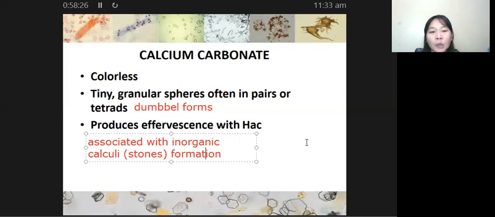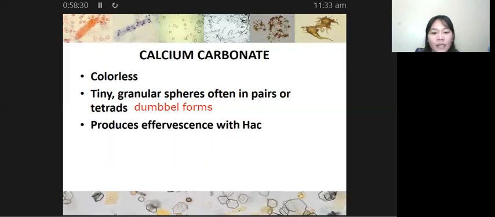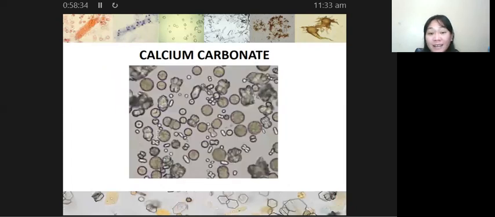Ayan, so ano yung itsura niya under the microscope? Ganito class ang itsura nila under the microscope. So we have spheres, di ba? Sabi natin, spherical in shape which may appear in pairs, like for example this one, which may appear in pairs or in tetrads.